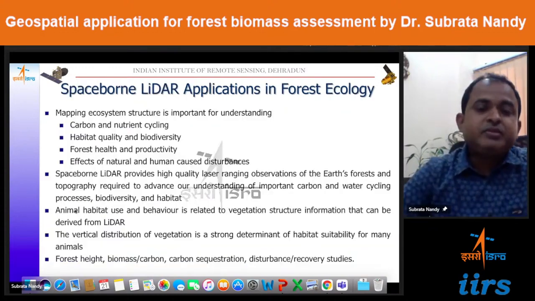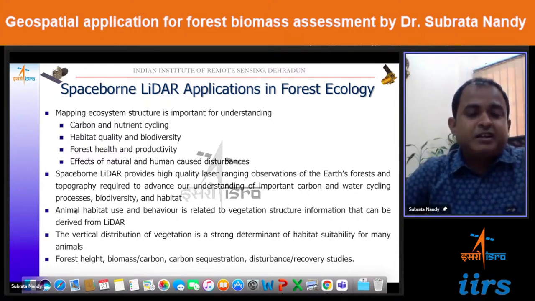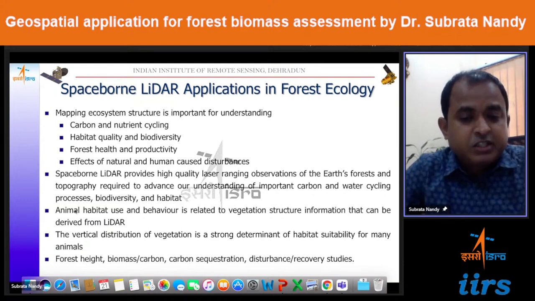So space-borne lidar, as I have highlighted, can be used very effectively for forest biomass, carbon assessment, disturbance and recovery, and also studies related to the vertical distribution of vegetation.